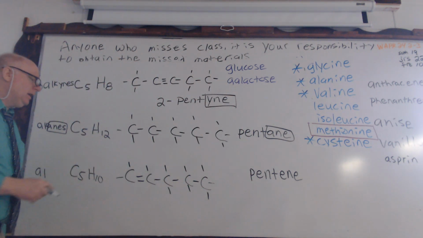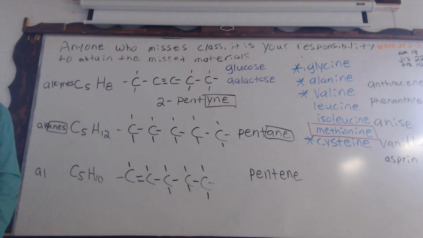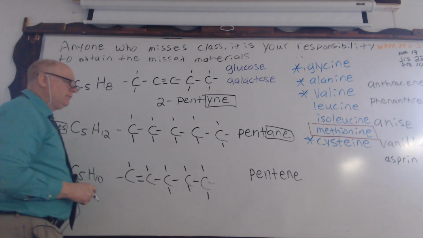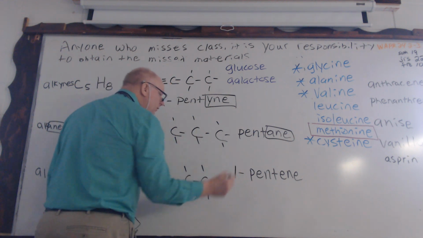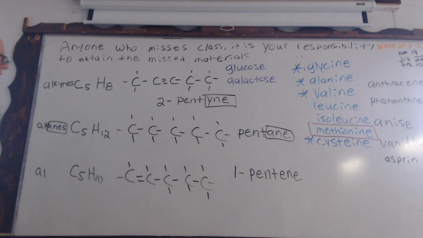Can we just leave that as pentene? Yes, we can. But there's nothing wrong with doing what? You can do that if you would so choose. Okay? There's nothing wrong with putting a 1 in front of there.